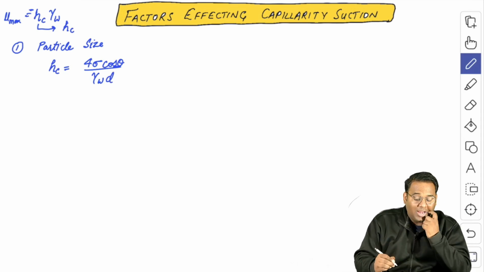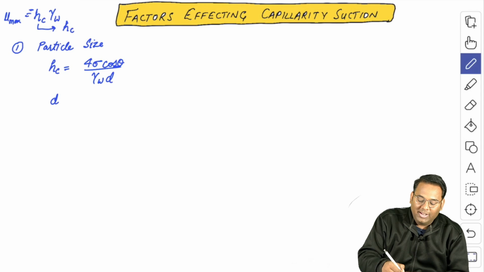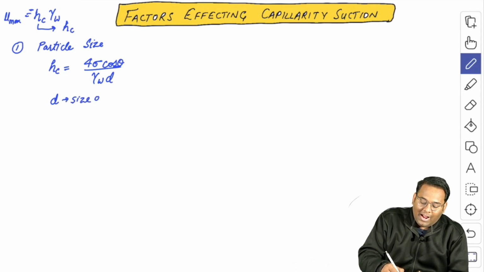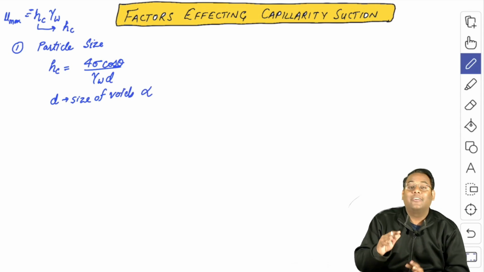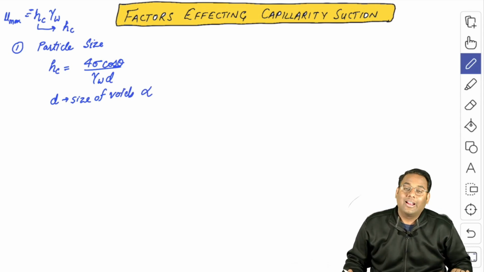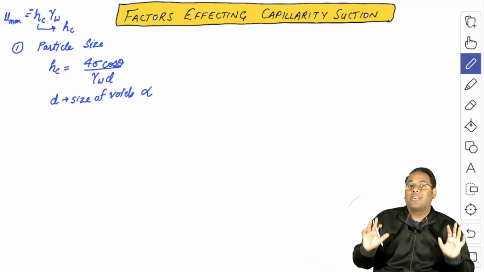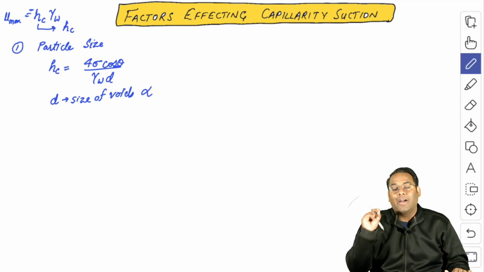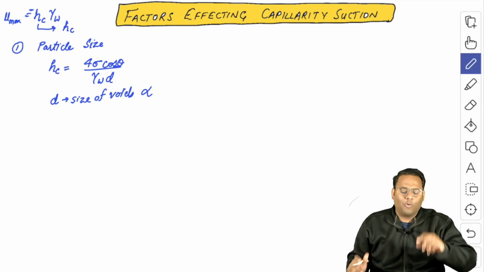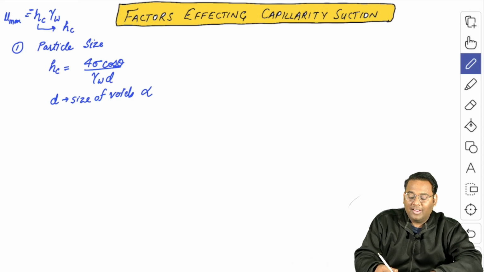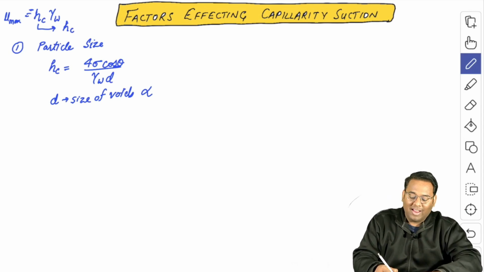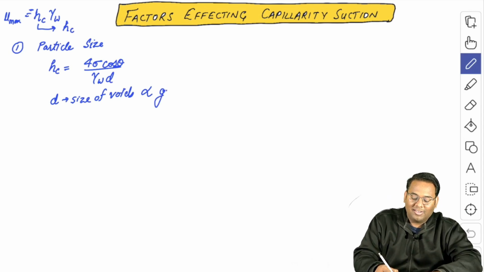Here small d is the size of voids, and you know that coarse grained soil has bigger voids that can even be seen with the naked eye, whereas fine grained soil has smaller voids. So the size of voids is directly proportional to the grain size of the soil.